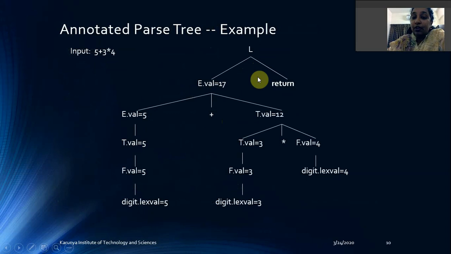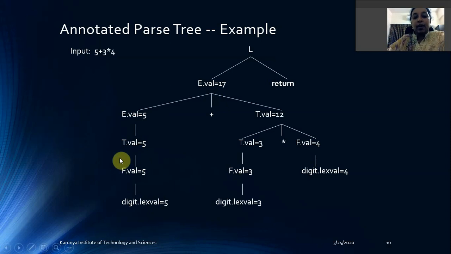Now what you really have here is a parse tree, where you start from L, the starting symbol, and you branch out to know how the derivation works, or from the leaf nodes to the root node, how the reduction works. But then what have we done here? We have also shown the attributes of every grammar symbol.